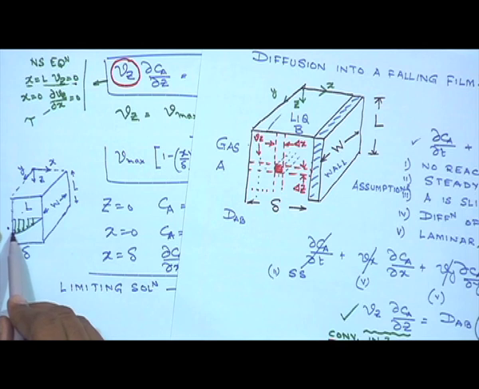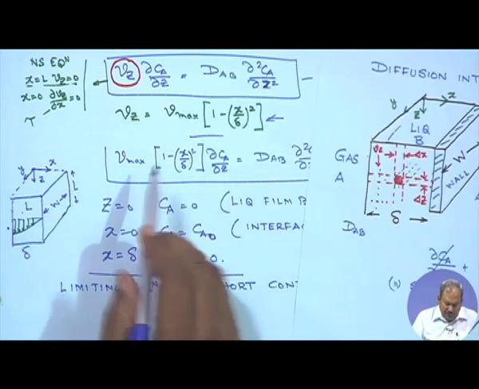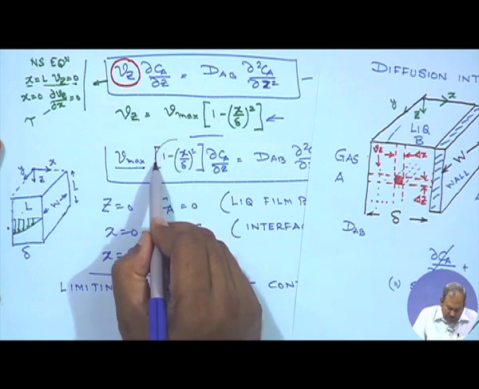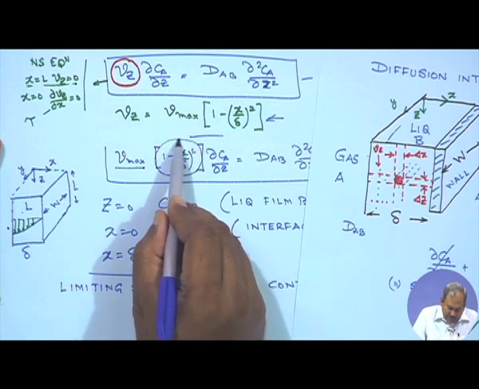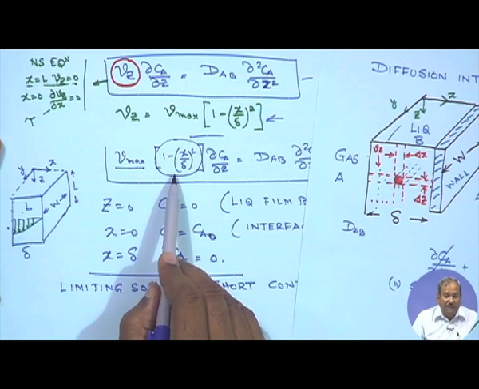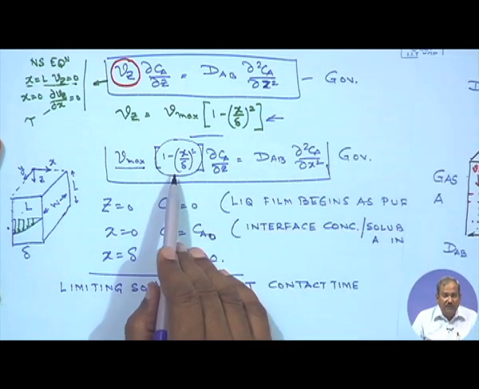Because of the nature of the velocity profile, it is as if the entire film is falling with a constant Vmax, and the variation of V with x is as good as absent to the diffusing molecules. So the diffusing A molecules will not sense that a velocity profile exists. What they would see is that the entire film is coming down with a constant velocity, equal to Vmax.